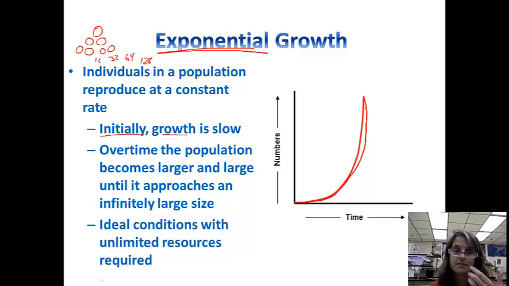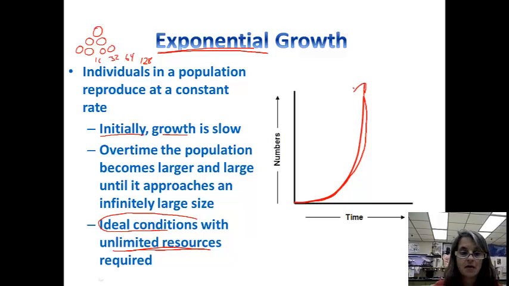And as the numbers get bigger, the growth really just takes off. What's required for exponential growth is simply great, ideal conditions, unlimited resources, if this is going to continue on up. Now, how many environments have unlimited resources? Not too many.